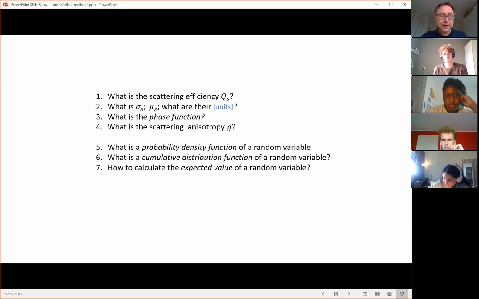Do you also know how to calculate it? So let's say you know the phase function. Yeah, it's an integral over the phase function multiplied by cosine theta and integrated over solid angle. Exactly. It's the average cosine of the scattering angle. So you multiply the phase function with cosine theta and then perform the integral.